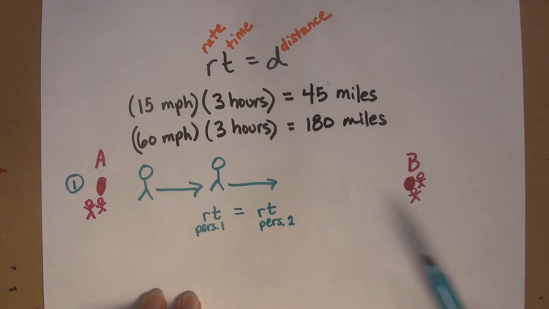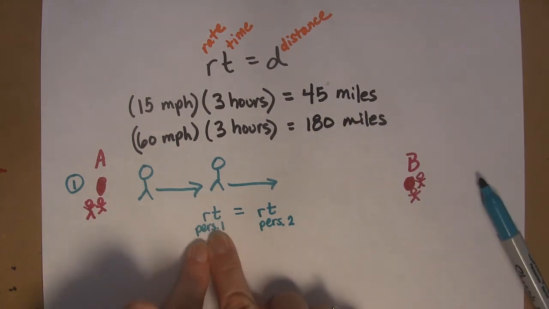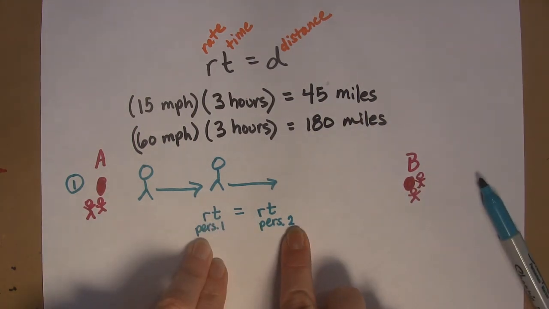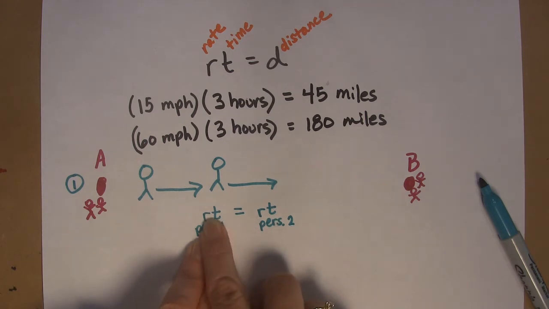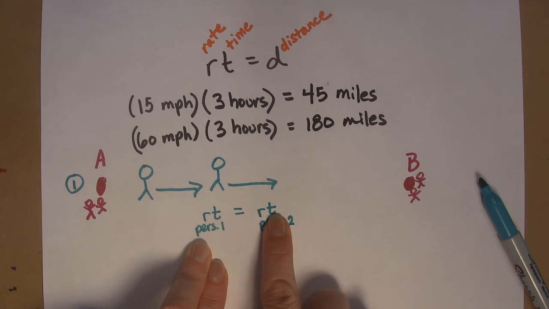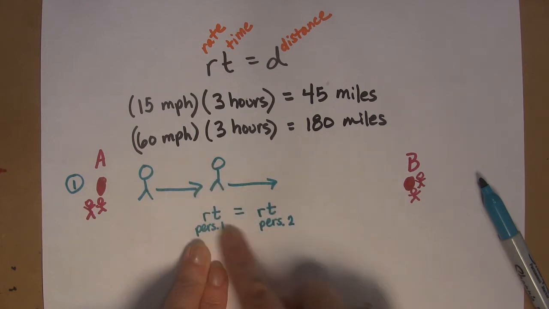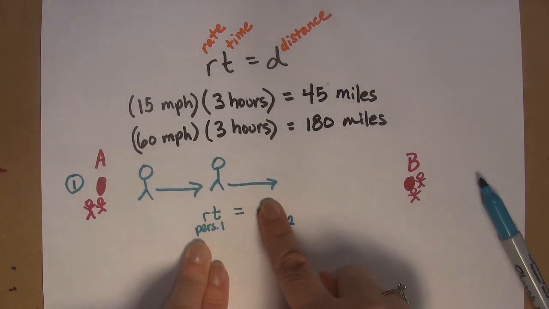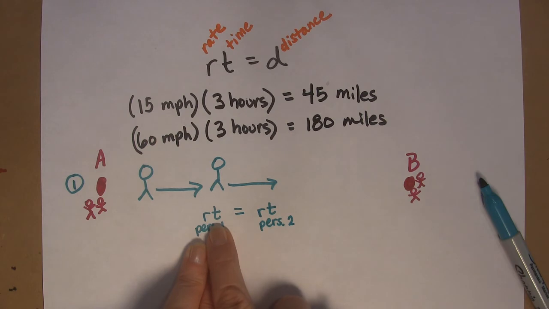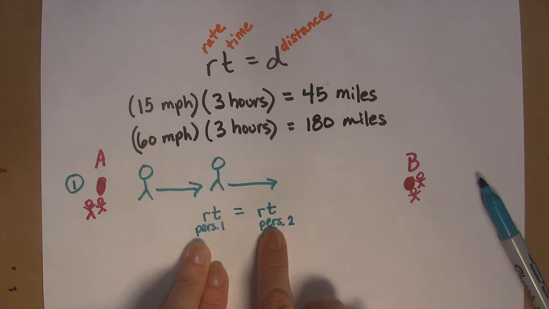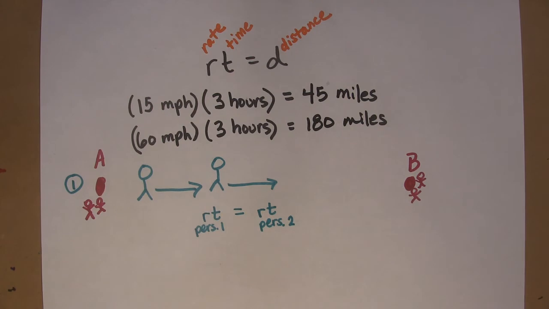And so we're saying that this person's distance equals this person's distance, which means that this person's rate times time equals this person's rate times time. So whenever you see a chasing type problem, you can always set it up, RT of person 1 has to equal the RT of person 2.